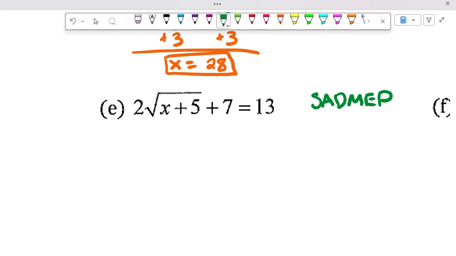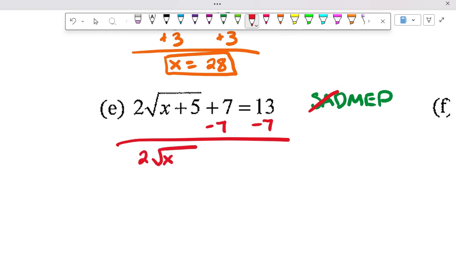The 7, which is what operation? Right, it's plus, so it's addition, but technically we subtract to get rid of it. So we got to take care of that 7 first. That goes away. So we're done with the SA parts. This is 2 square root x plus 5 is equal to 6.